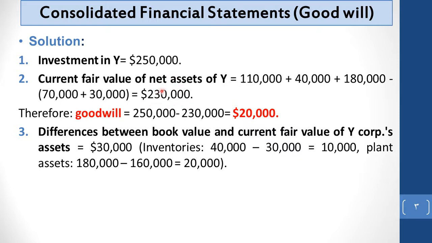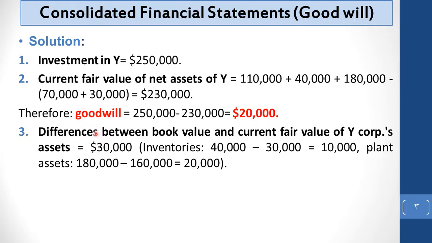Here we can find that there is a difference between the investment paid in Y, which is $250,000, and the current fair value of net assets of Y, which is equal to $230,000. The investment paid is more than the current fair value of the subsidiary company. This means that there is a positive goodwill equal to $20,000.